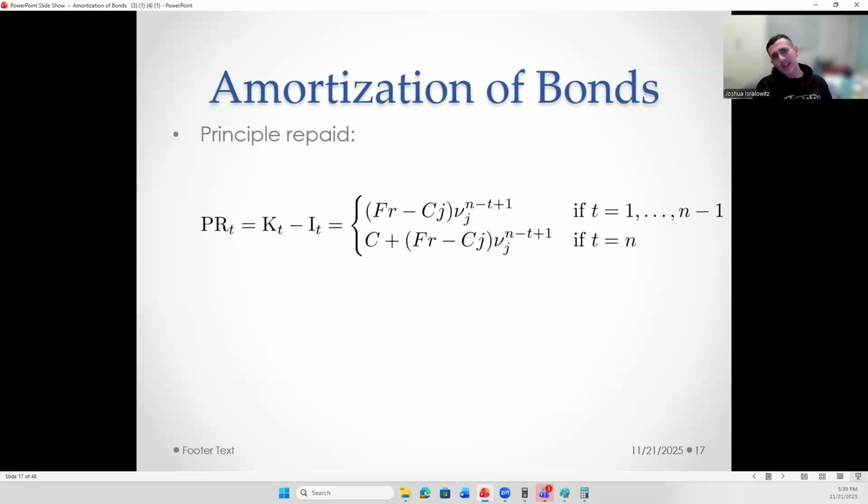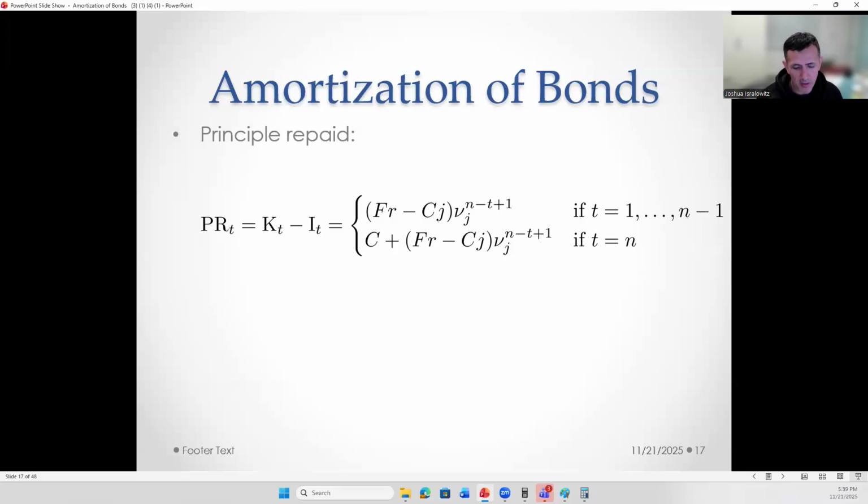So when you buy a bond, interest is often capitalized. In particular, the principal paid is always going to be positive precisely when FR is bigger than Cj. Sorry, it's going to be 0 if FR equals Cj. So you never chip away at your outstanding balance if FR equals Cj. That makes sense because that means the price equals redemption.